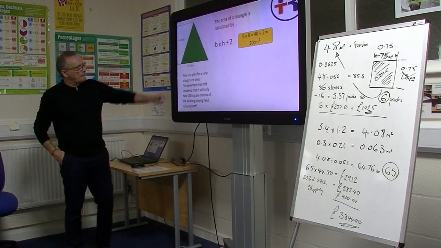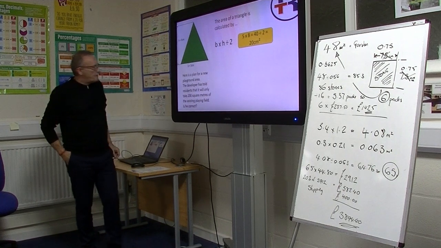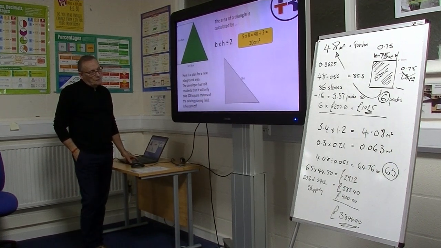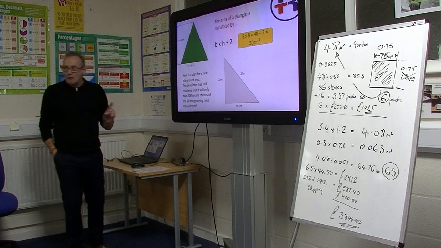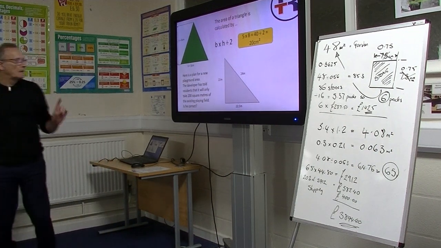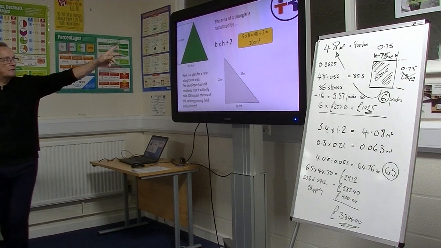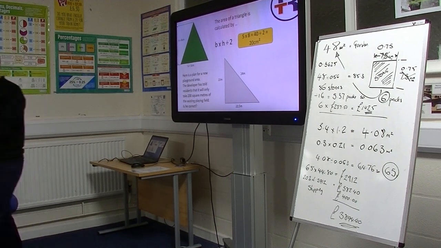Okay, let's test you out. Here is a plan for a new playground area. The developer has told the residents that it will only take up 200 square metres of the existing playing field. Is he correct? There's the plan, there's the measurements, there's the formula. Let's have an answer.